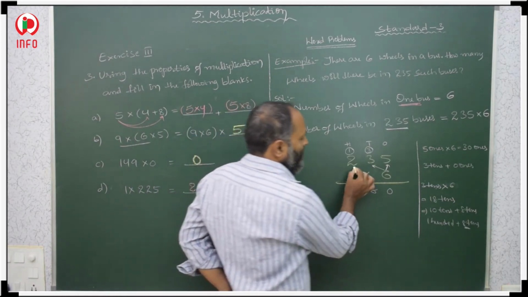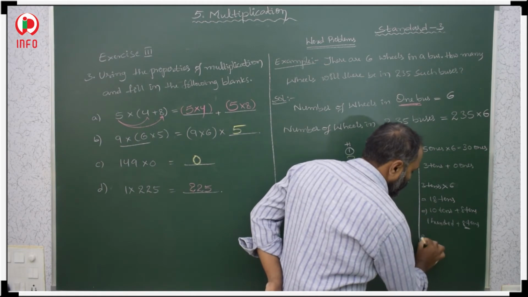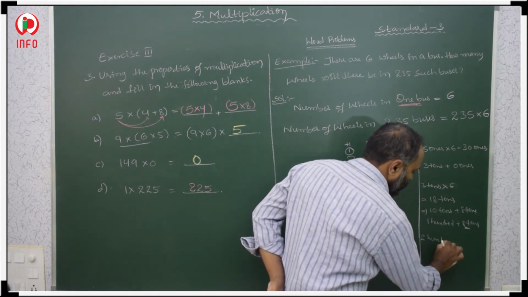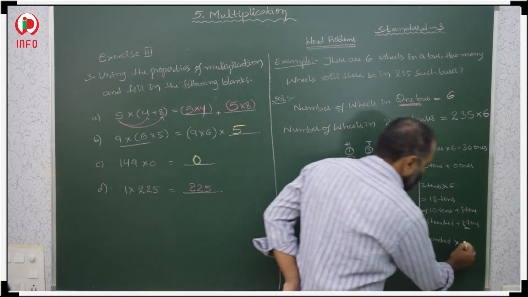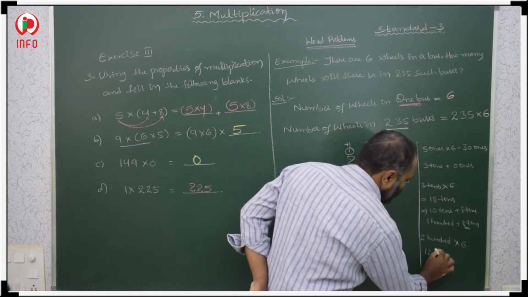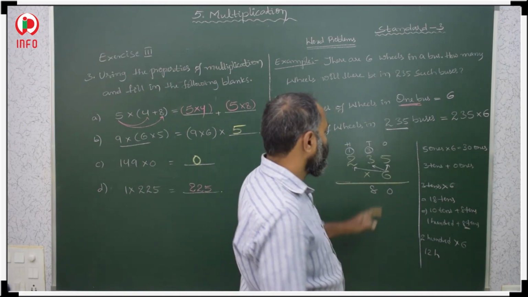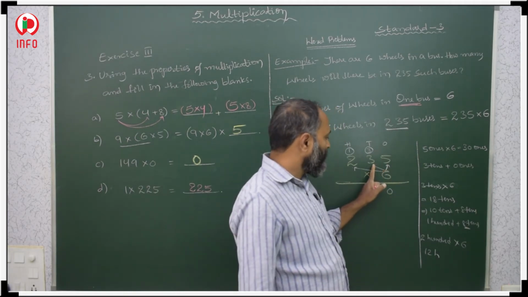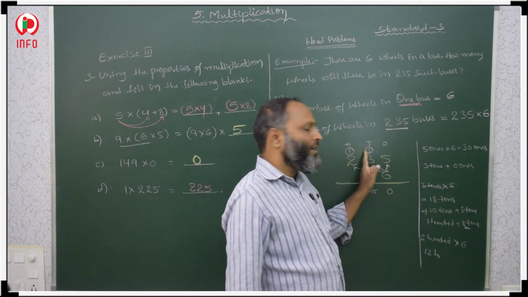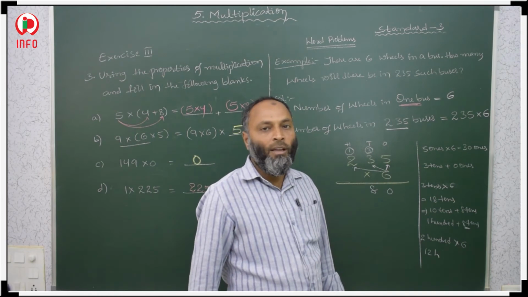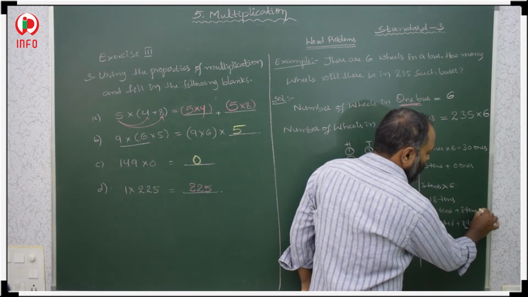Now 6 with 2 hundreds, 200 into 6, 2 6s are 1200. One thing here, 6 3s are 18. So here we are getting 18. 18 plus 3 tens also we have to add.